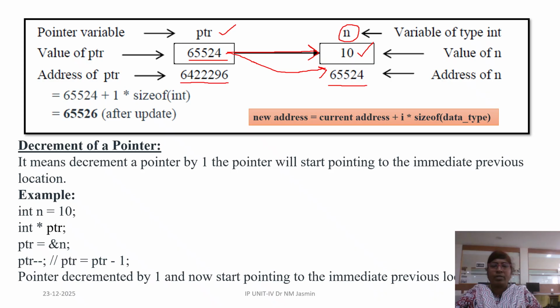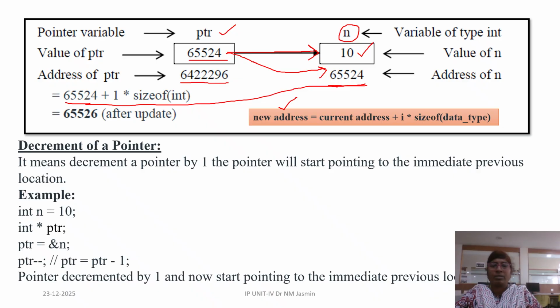Now to calculate the new address, take the current address, and here this is 1 asterisk size of integer.